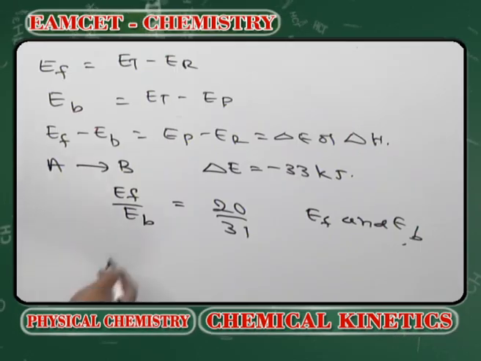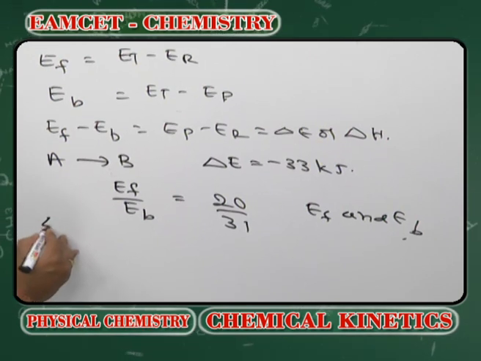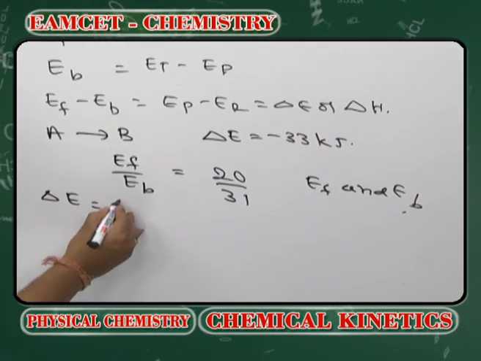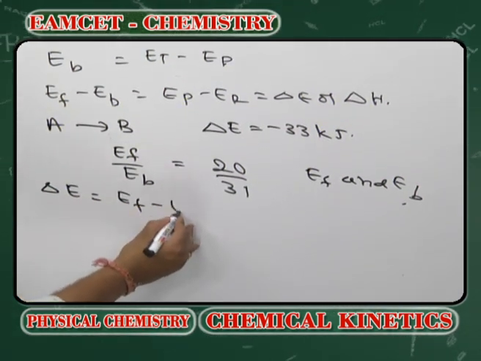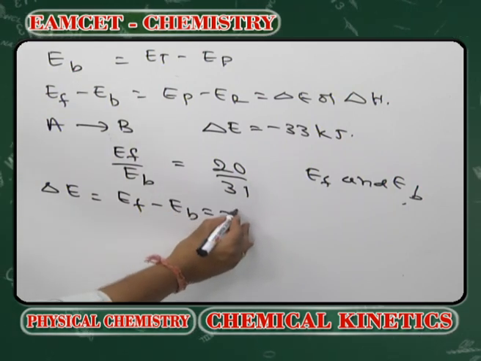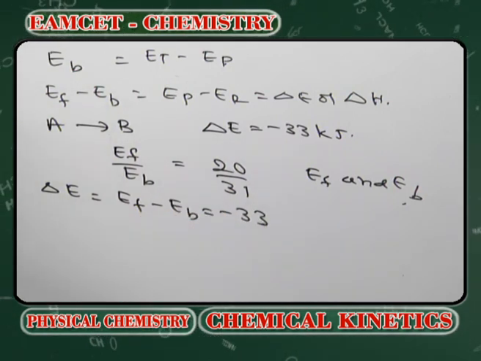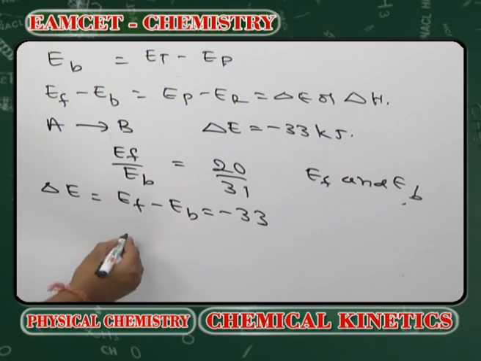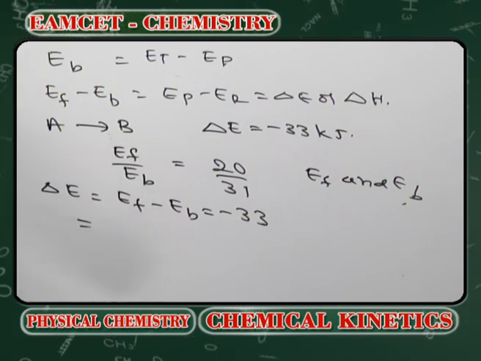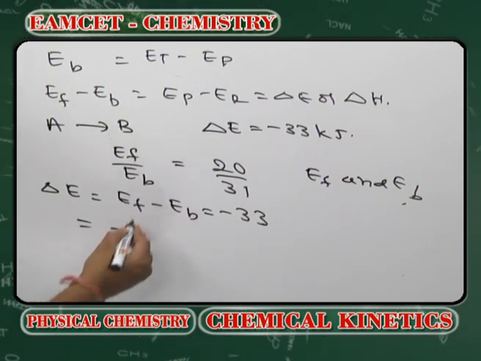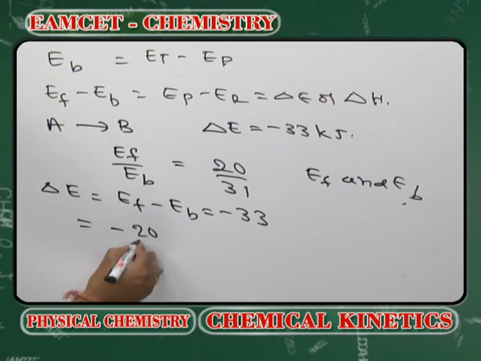Now coming to delta E, which is equal to EF minus EB, equal to minus 33 kilojoules.